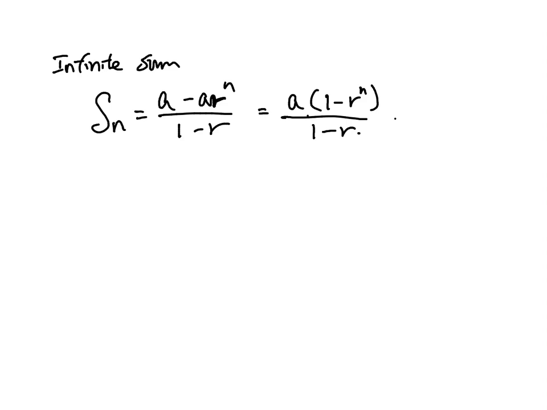Now, for the infinite sum, there is a restriction. So what happens if r is between 1 and -1?